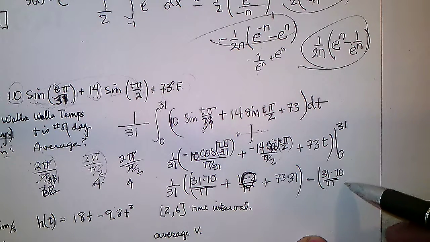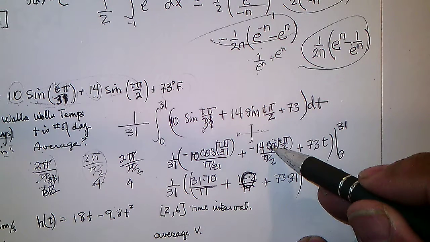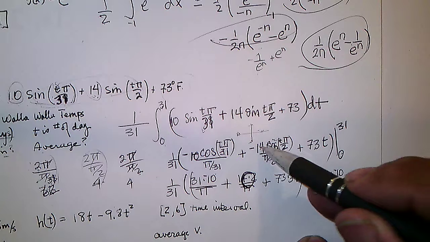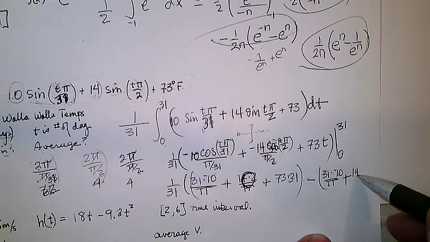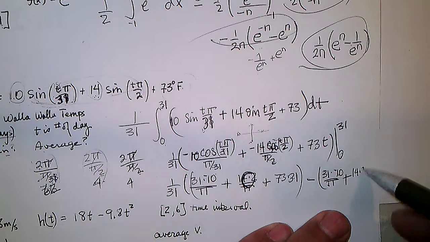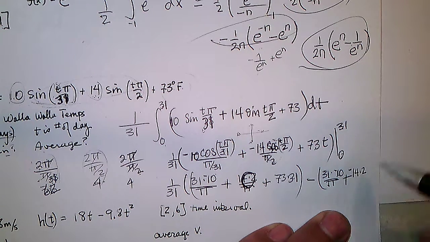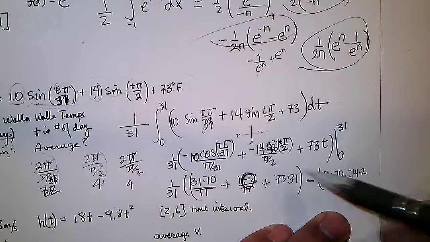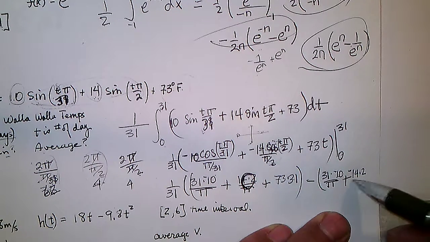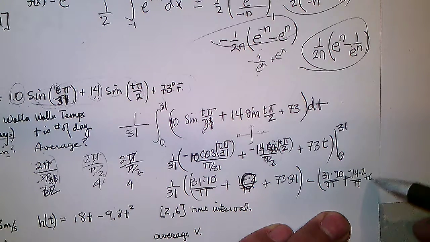And we got plus, put 0 in there, and that's 1 times 14 over 14 times 2, and that's a minus 14 times 2 over pi plus 0.